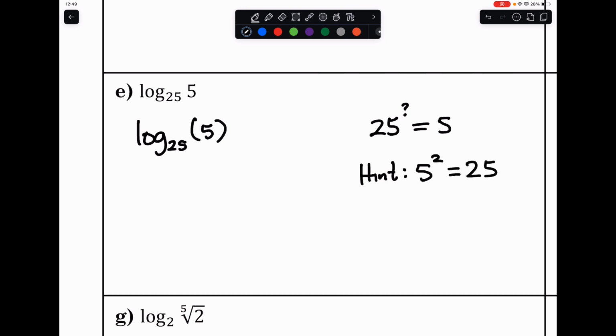So in order to go in the opposite direction and figure out what power we need to get 25 to 5, it will be the reciprocal of this value. In other words, if I take the square root of 25, that's going to give me 5. And as I mentioned earlier, taking the square root is the same thing as raising it to a rational exponent. Here our index is 2. So the square root of 25 is the same thing as raising 25 to the 1/2 power. So our answer here would have to be the fraction 1/2.